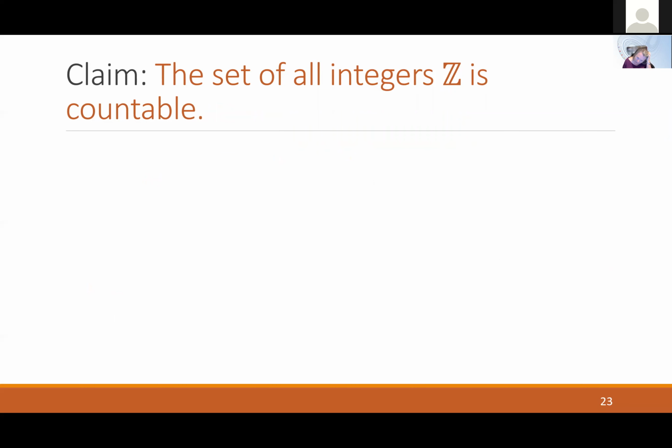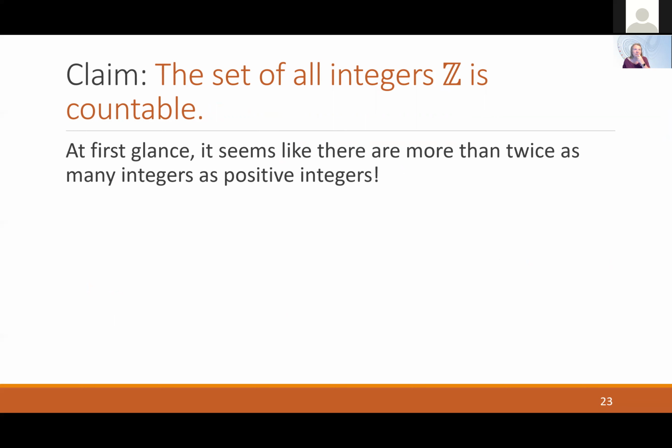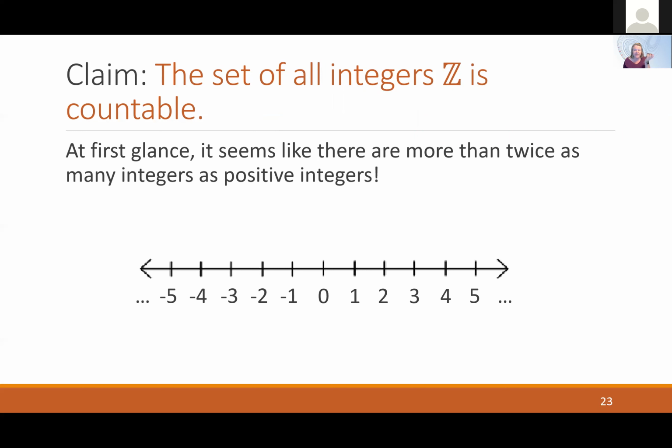Okay, so let's go. Our claim is the set of all integers Z is countable. So if I take positive integers, negative integers, 0, the whole shebang, that's countable. At first glance, it seems like there are more than twice as many integers as the positive integers, right?